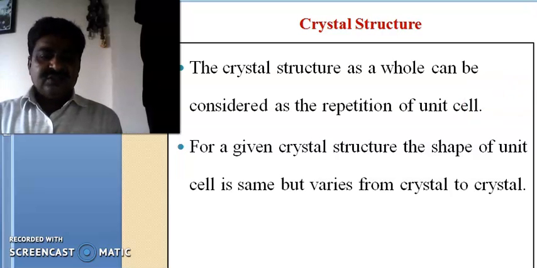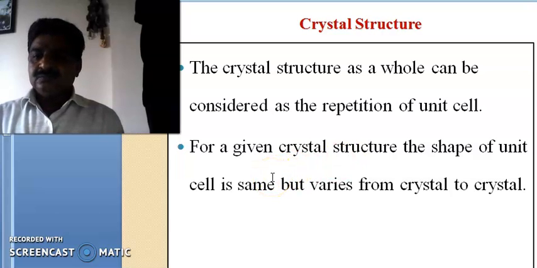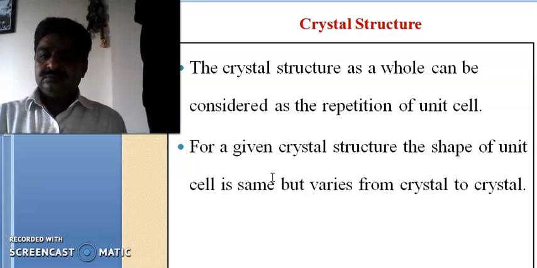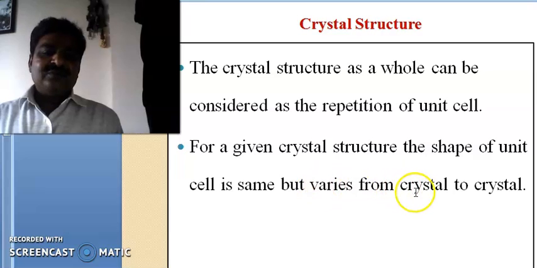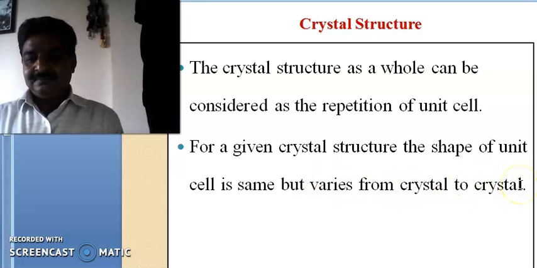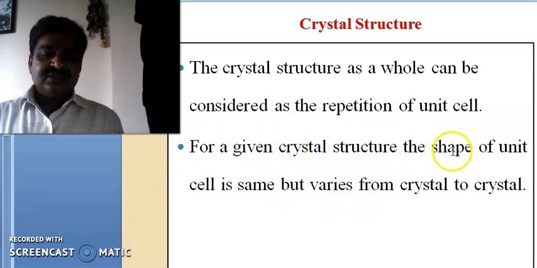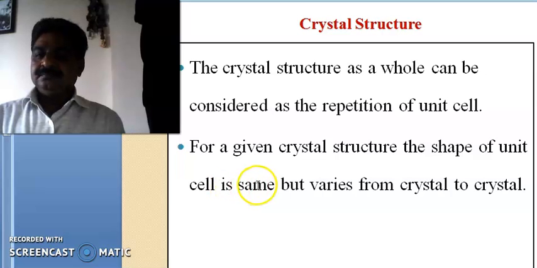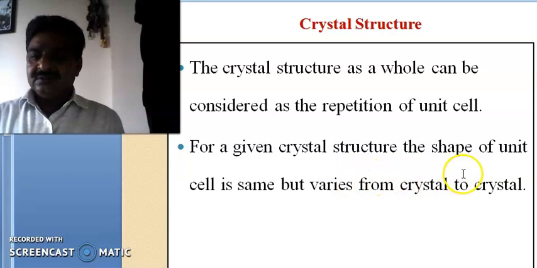For a given crystal structure, the shape of the unit cell is the same, but it varies from crystal to crystal. This point you remember. If the crystal changes, its shape changes.